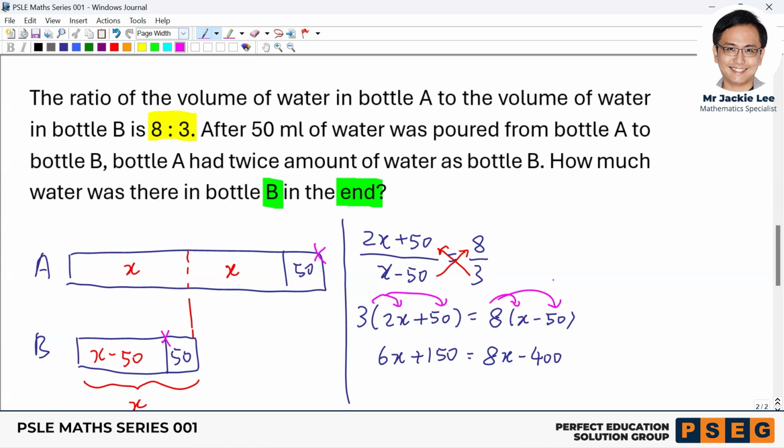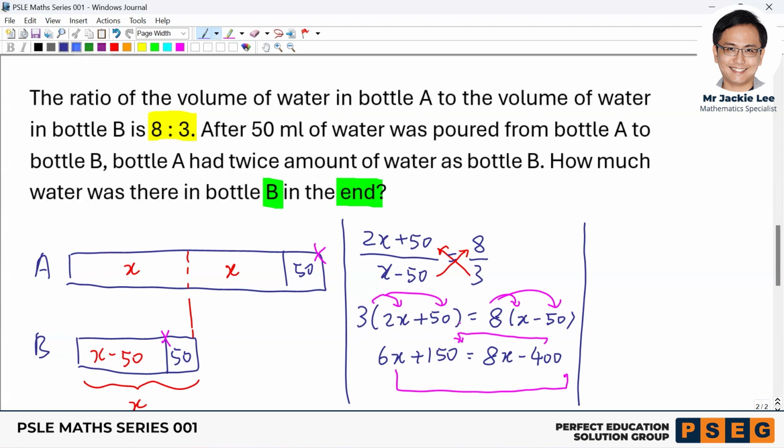Then the next step, we group all the x terms together and all the constant terms together. So this one shifts to here, and this one shifts to here. When shifting, the plus and minus sign will change.